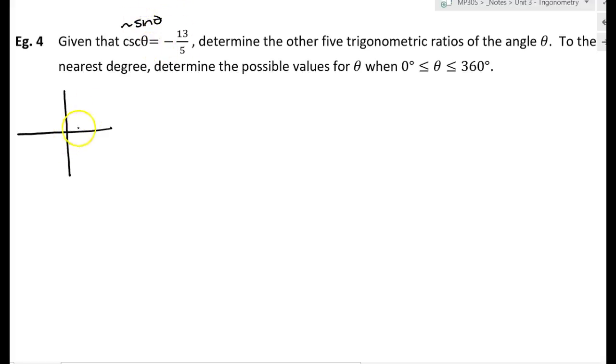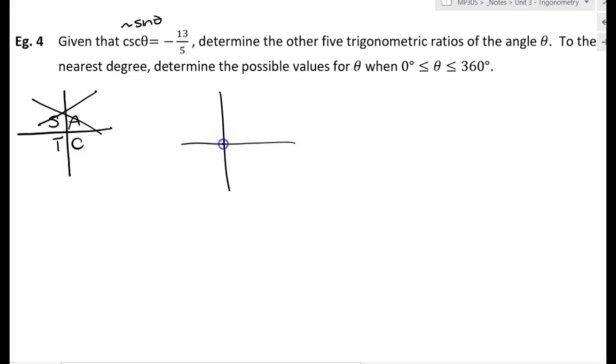That means we're dealing with quadrants 3 and 4, not 1 and 2. From here, we can sketch it out and get an idea, or we can ignore the negative and work with our reference angle, and that's what I'm going to do.